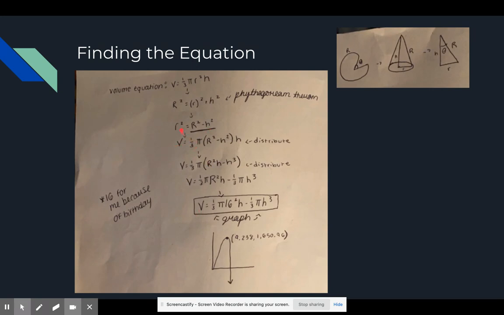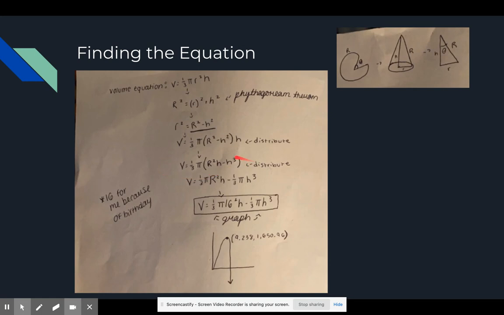Then, knowing what r equals, you can plug it back into the volume equation shown above. So volume equals 1/3 pi, and now instead of r squared, we have capital R squared minus h squared times the height, because this is still part of the equation. Next I distribute this height, so this makes h to the third, and distributing this makes it R squared times h.